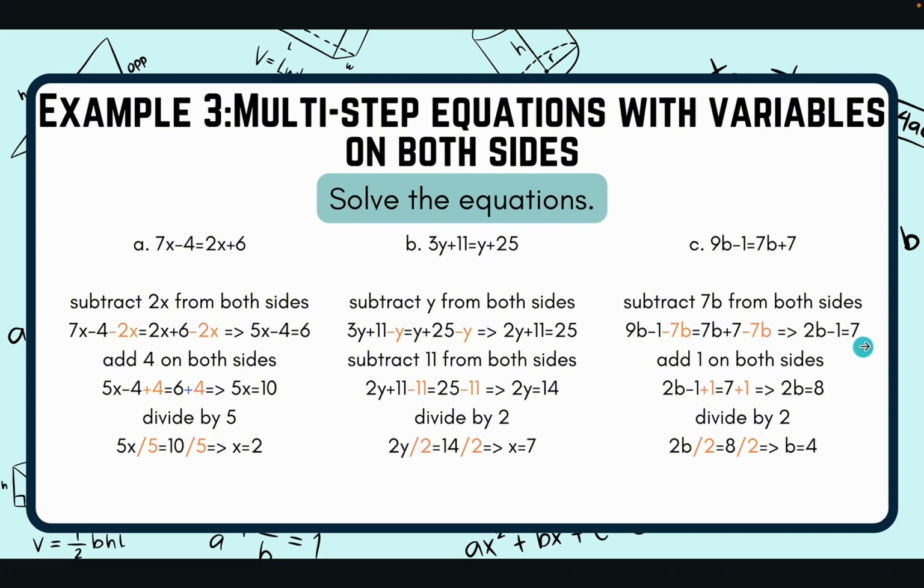And again here, minus 1, so what you have to do is plus 1 on both sides. So 2b minus 1 plus 1 equals 7 plus 1, which becomes 2b equals 8. And then here, there's multiplication, and you need to use division instead. So 2b over 2 equals 8 over 2, which is b equals 4.